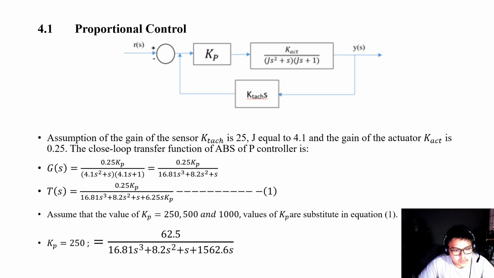So we assume that the value of kP equals 250, 500 and 1000. The values of kP are substituted in equation number 1. For the first value, kP equals 250, T(s) equals 62.5 over 16.81 s^3 plus 8.2 s^2 plus s plus 1562.6 s.